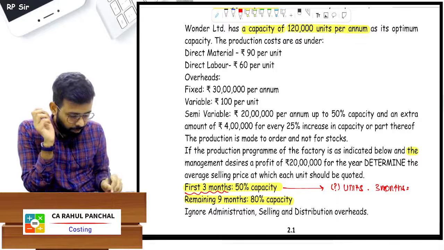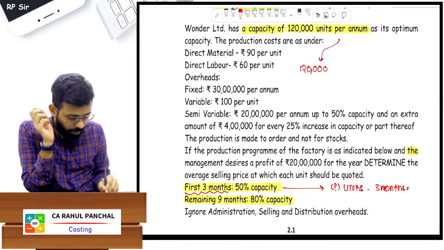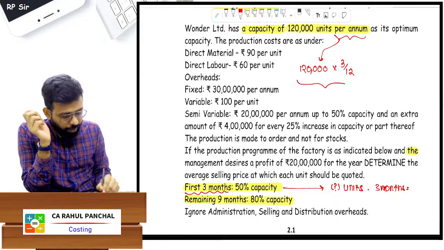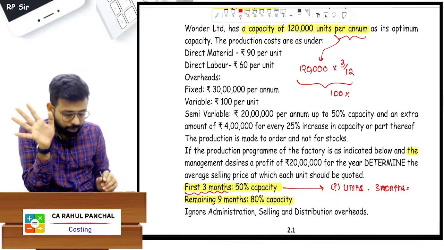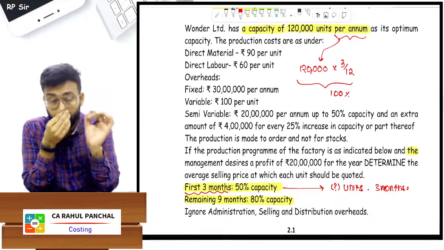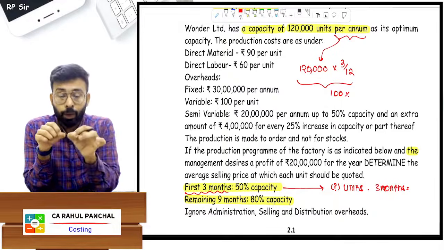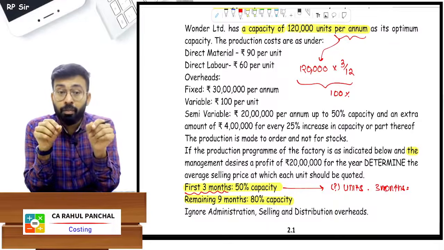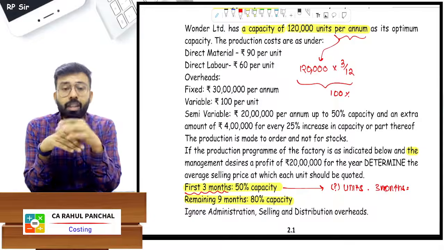Understand. Sir, if 1,20,000 units can be made in 1 year, in 3 months how many units you can make, which is 3 by 12. But sir, it will be done only if you work at 100% capacity, na? Then only this many units can be made. In simple words, if 1,20,000 units can be made in 1 year, it means every month you produce 10,000.